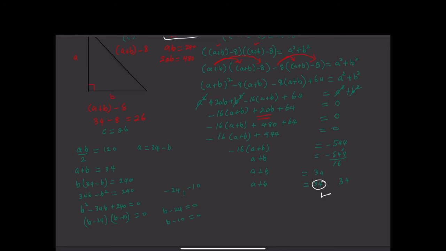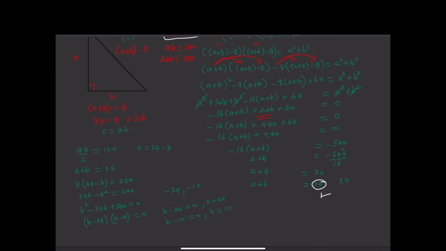So when b is equal to 24, the left-hand side of my equation becomes 0, and when b is equal to positive 10, then the left-hand side of my equation becomes 0.